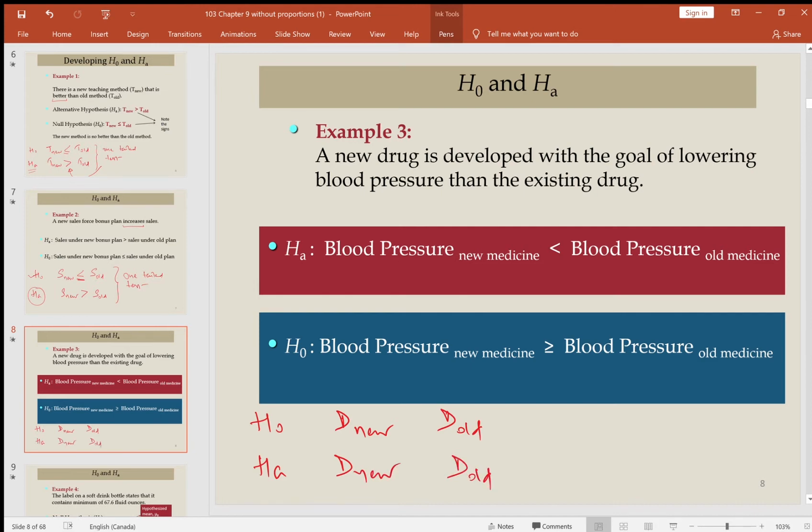So the new drug lowers blood pressure more than the old drug, and then the opposite is the null, right? So again, this is a one-tailed test, right? The new drug lowers than the old one.